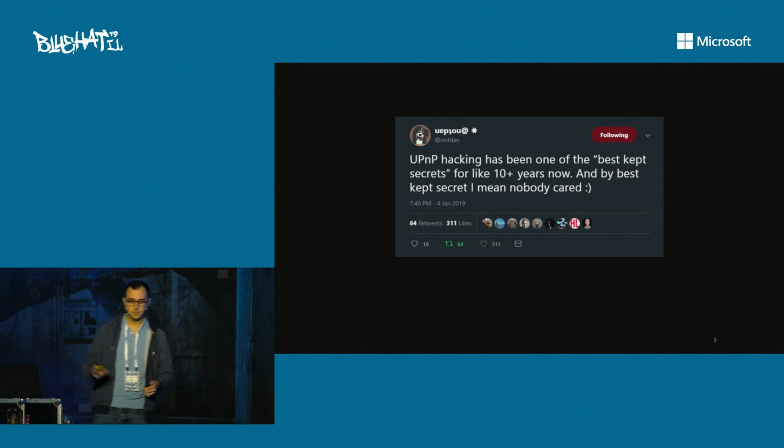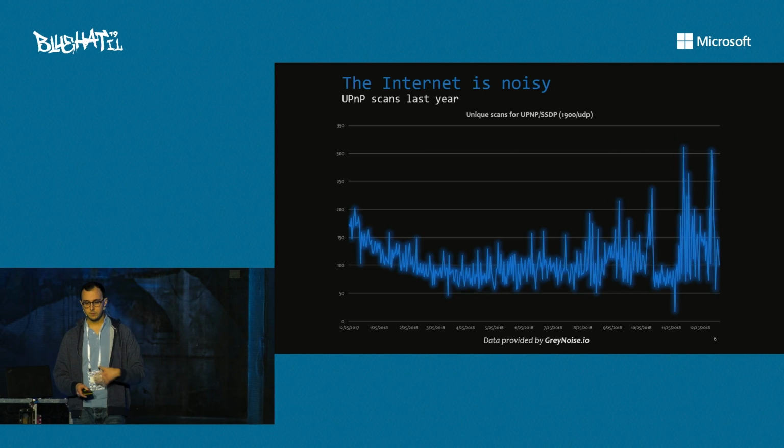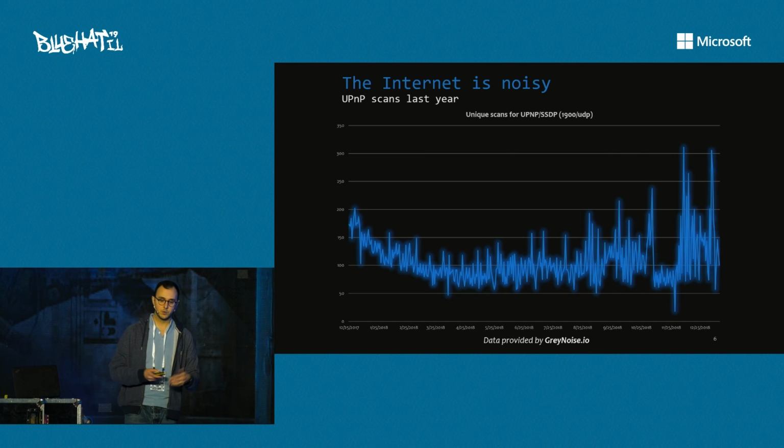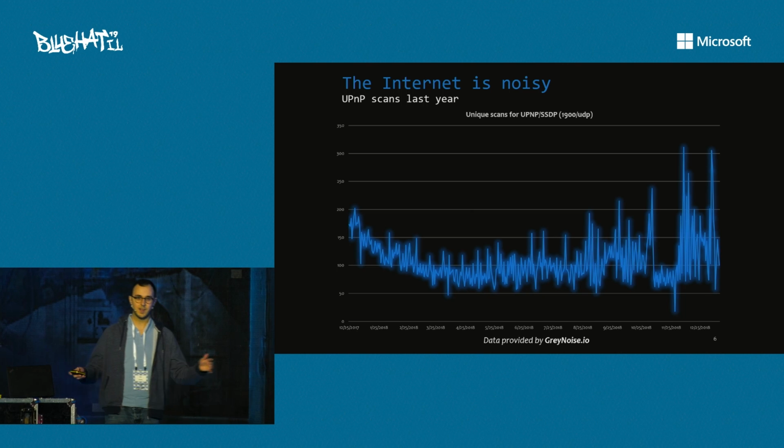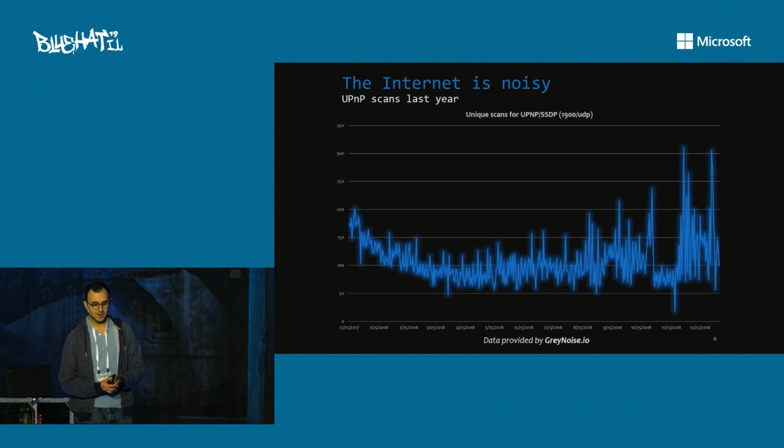There's a lot of noise on the internet, continuous scanning from multiple parties like Shodan, Censys, and all of the others. It's like an internet party, you know. This graph shows you the scans on UPnP, more specifically port 1900 on UDP, for last year.